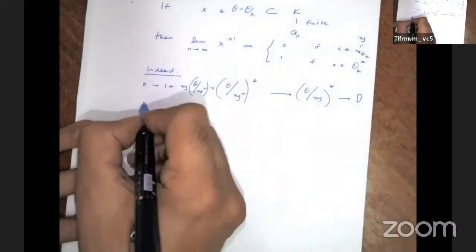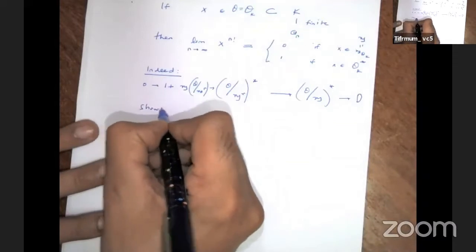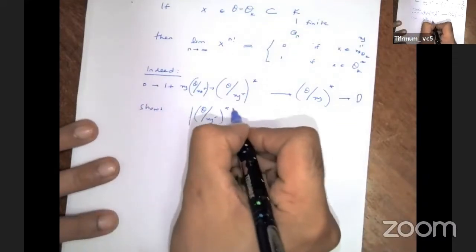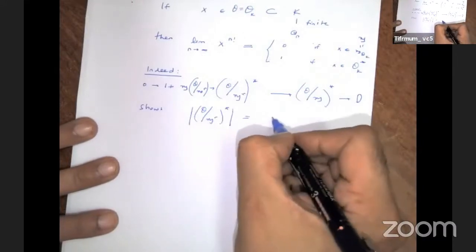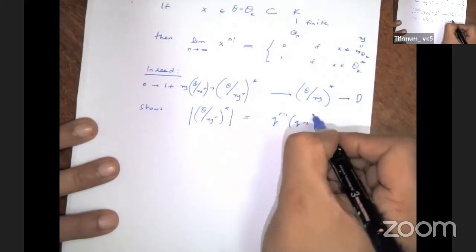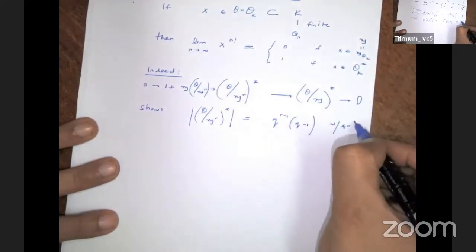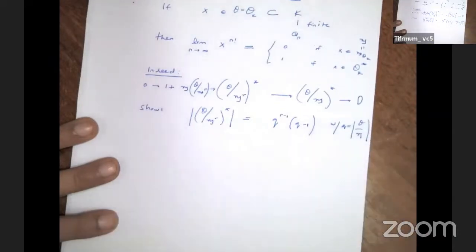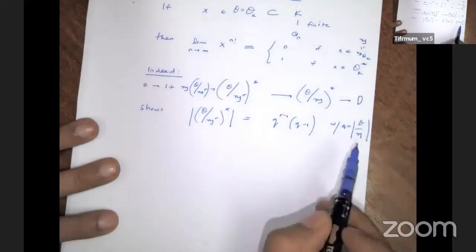This shows that the cardinality of (O/M^r)* is q^(r-1) times (q-1), where q is the cardinality of O/M. Okay, so O/M is a field.